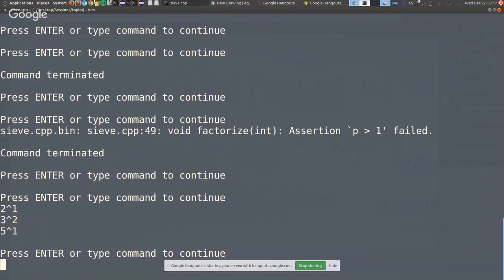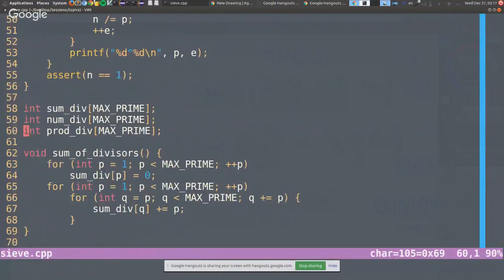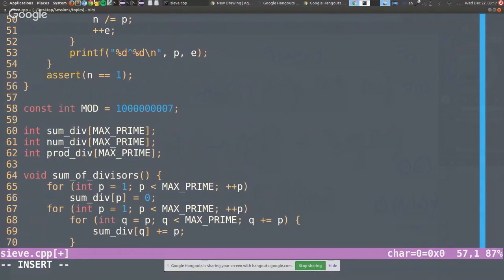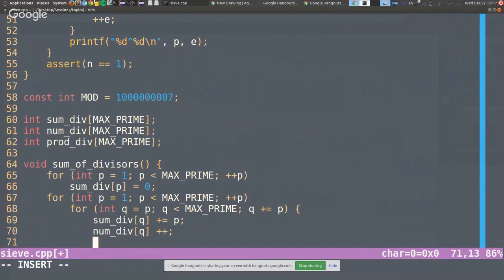This we have to make modulo some prime, because it can get really big. So just make that. Here is the number of divisors, plus the product of divisors.